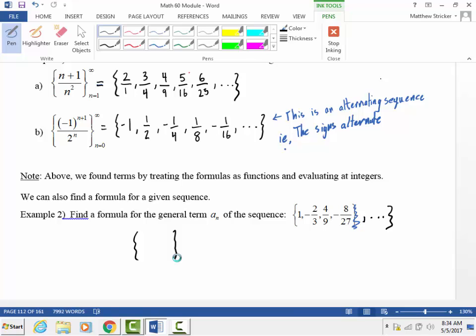My answer, I started with n equals 1, but you can do whatever you want. But I did start with n equals 1 going to infinity. Yep, that'll work.